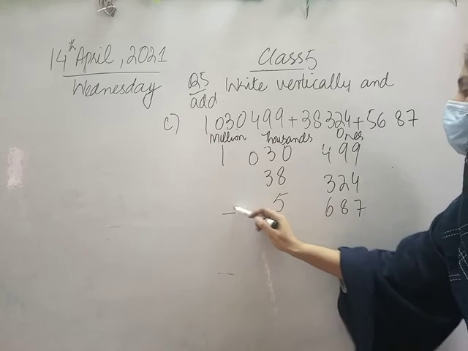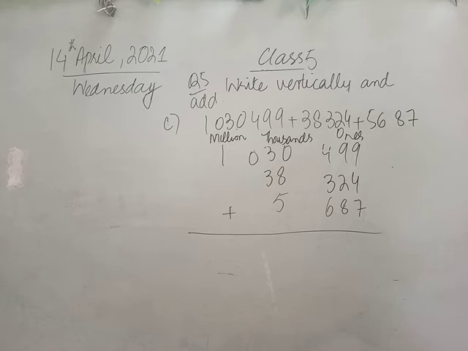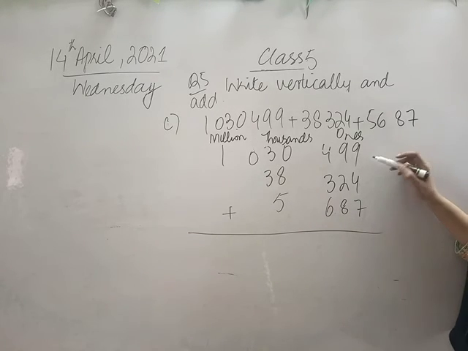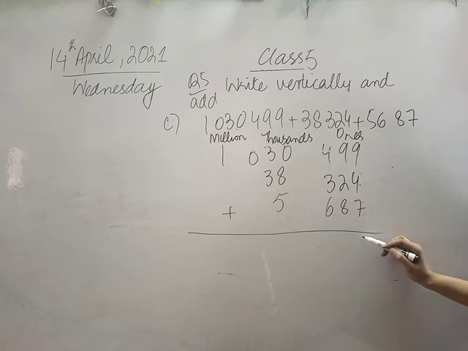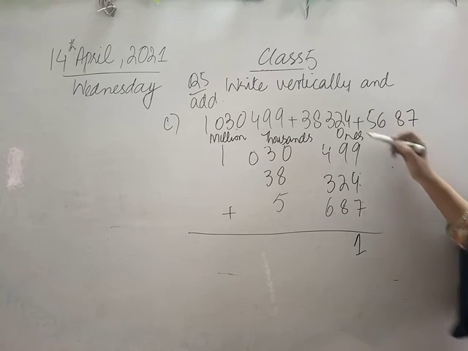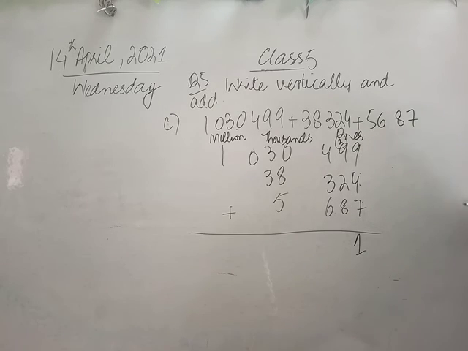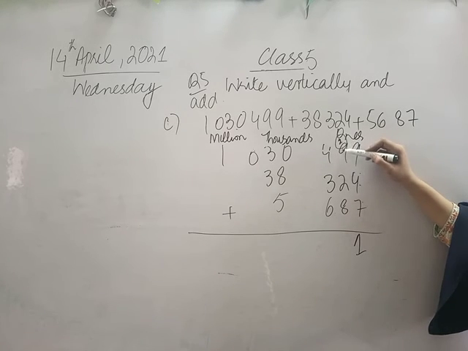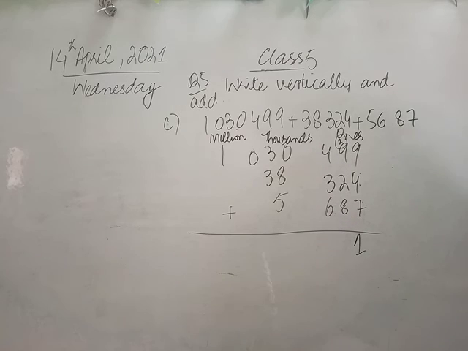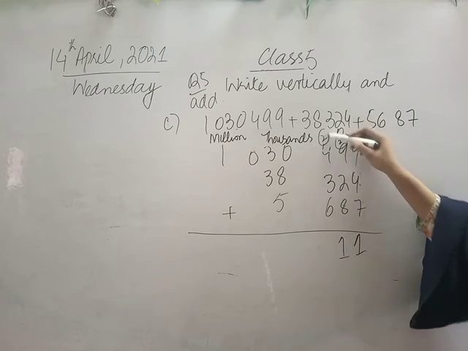Now I am going to add these numbers. 9 plus 4, 9, 10, 11, 13, 14 and 14 plus 7 is 21. I will write 1 below there and 2 as a carry. 9 plus 2 is 11, 12, 13, 13 plus 8 is 21. 2 as a carry.